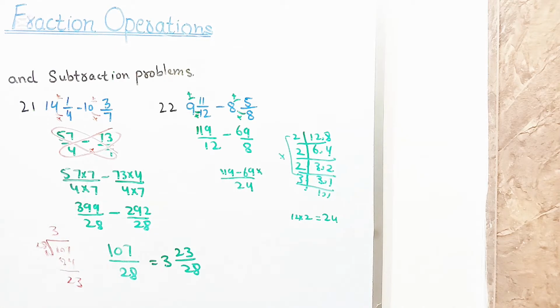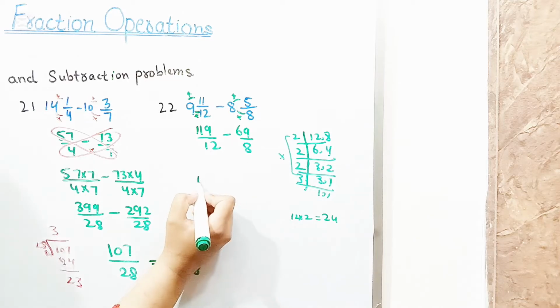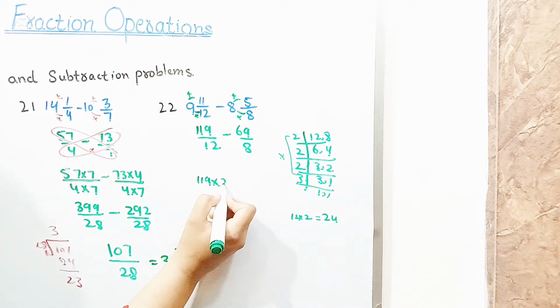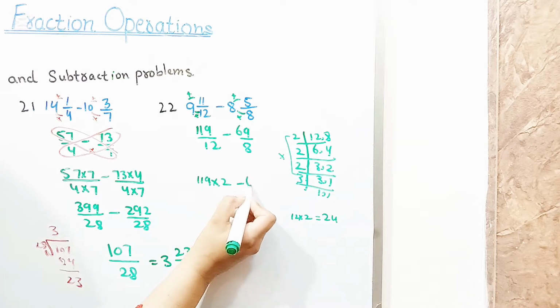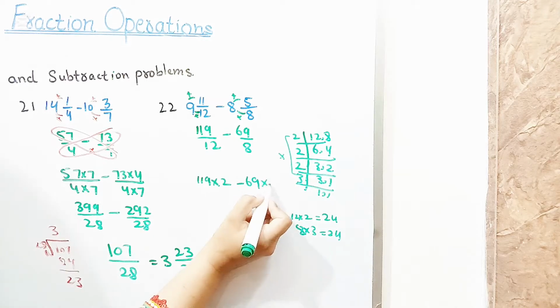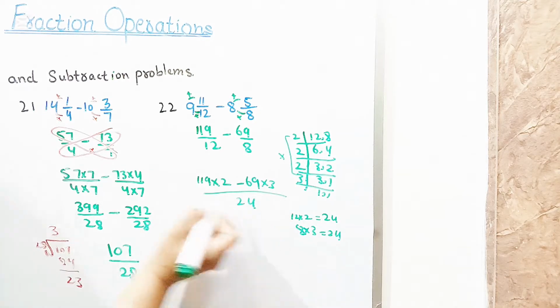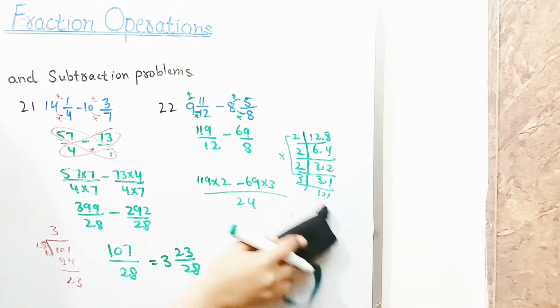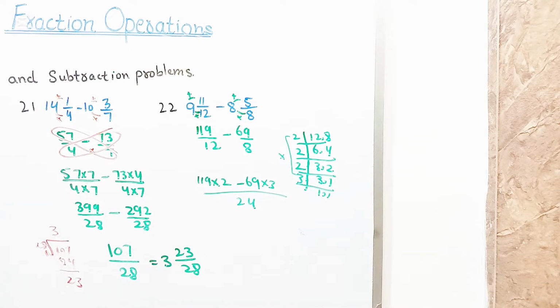So 119 multiplied by 2 minus 69, 8 multiplied by 3 gives 24, so 3 divided by 24. 238 minus 207 divided by 24.